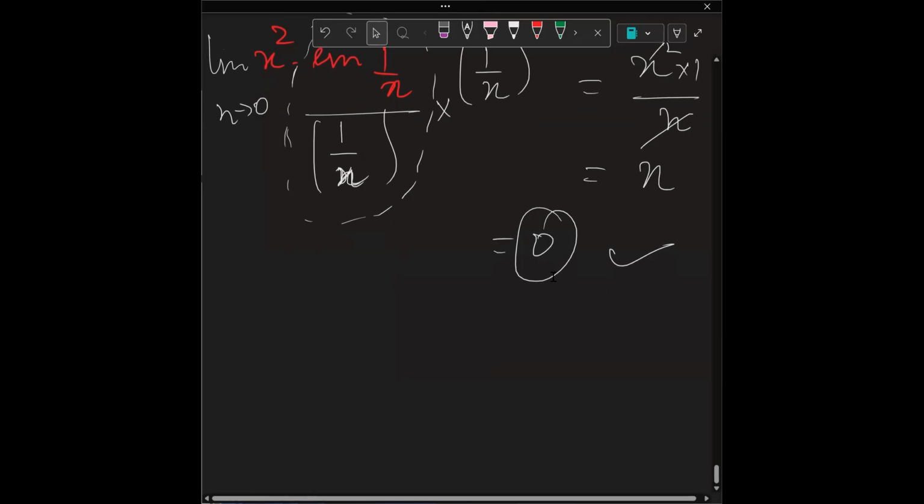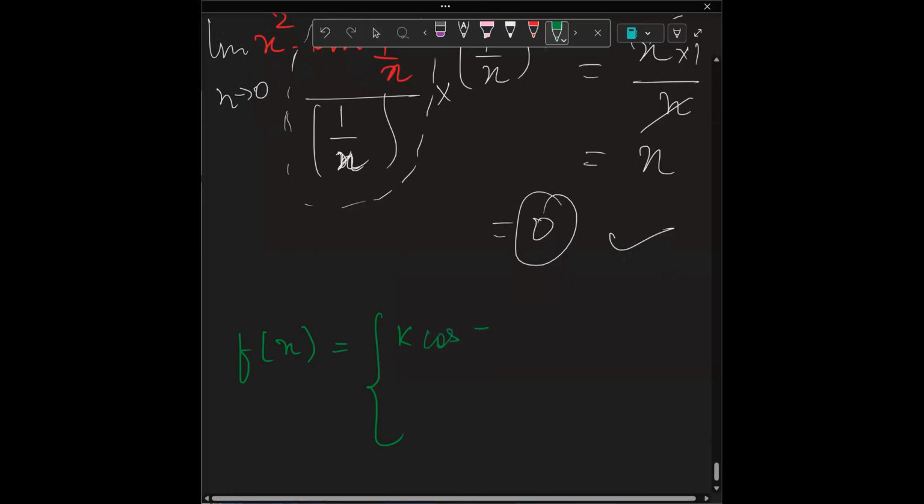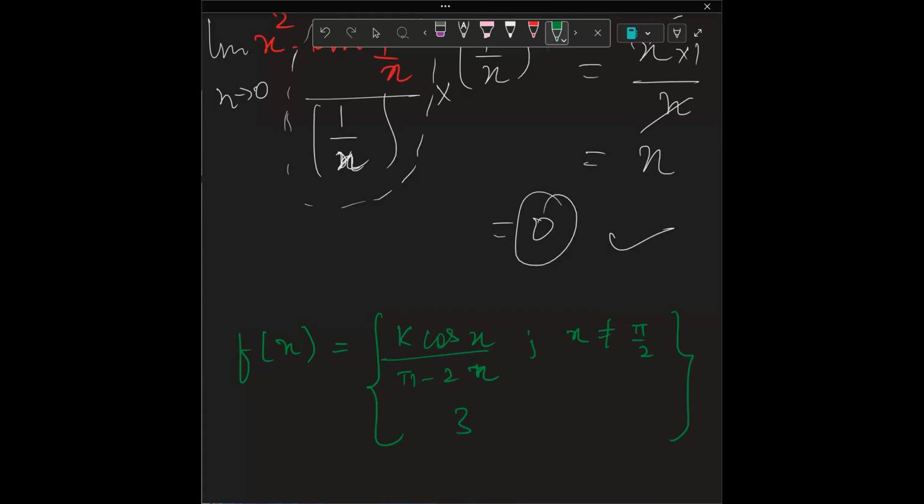Okay, do one more question. Your function is k cos x over pi minus 2x if x is not equal to pi by 2, and this is equals to 3 if x is equal to pi by 2.